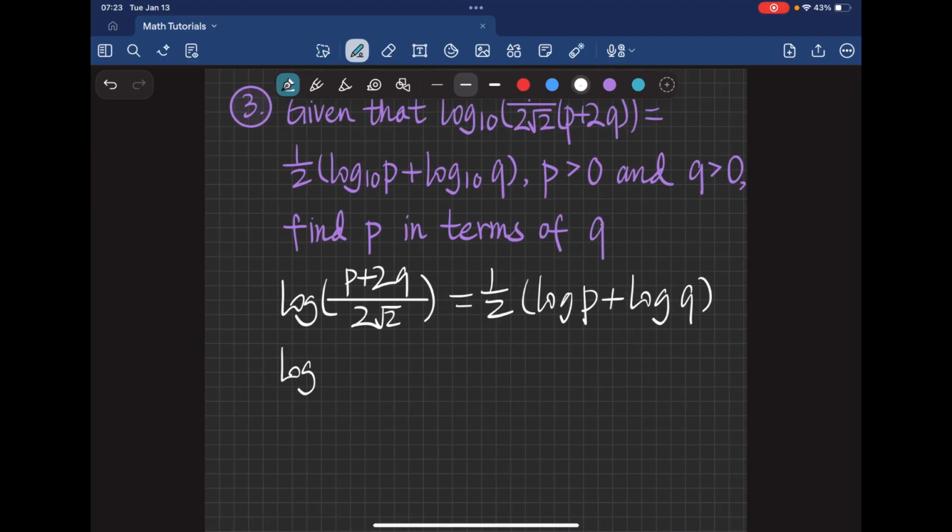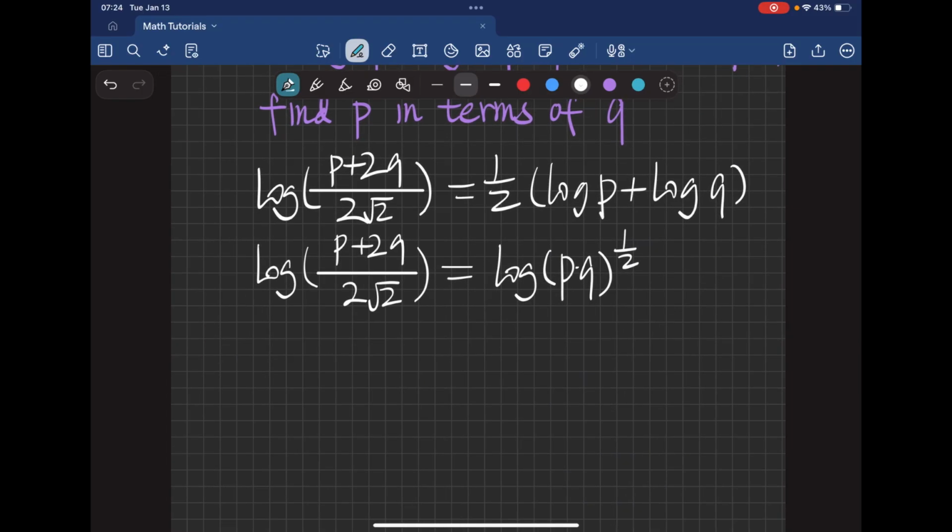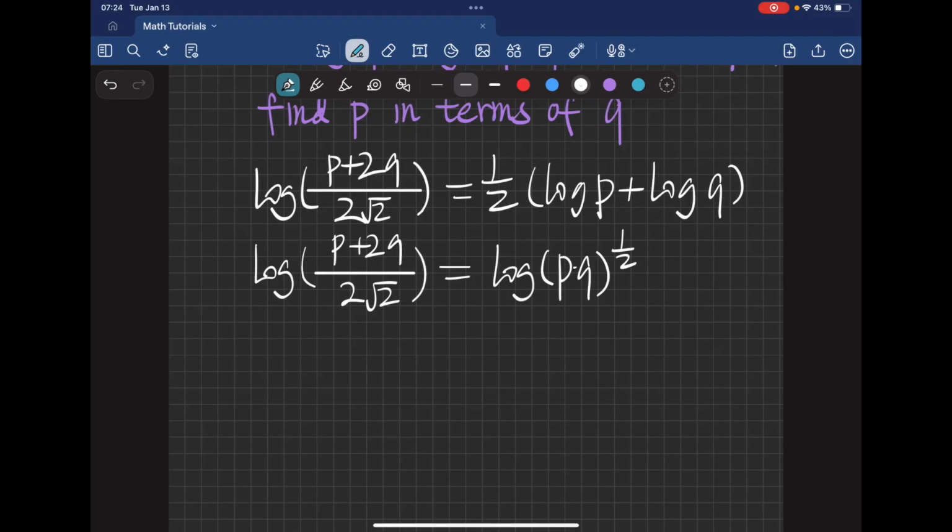So we can keep the left side as it is for now, but we want to do something on the right side to make it look less, well, lengthy. So this is the sum of two logs, and then we can write it as log of p times q, then to the power of 1 over 2. And then you can recognize that this is equal to this.